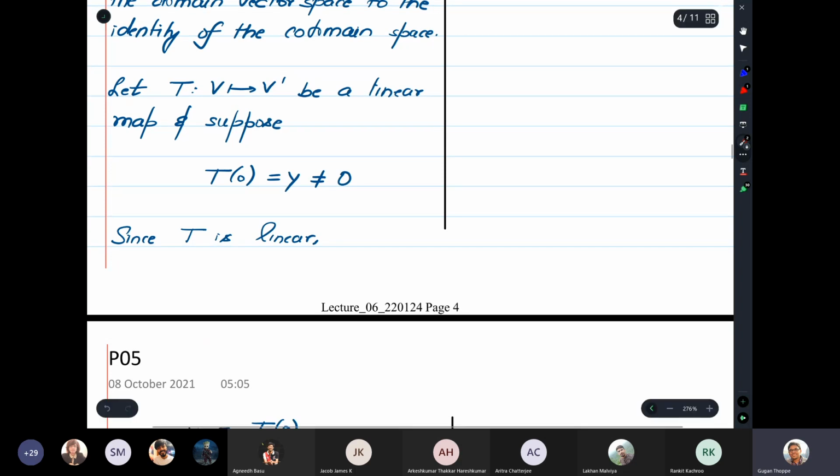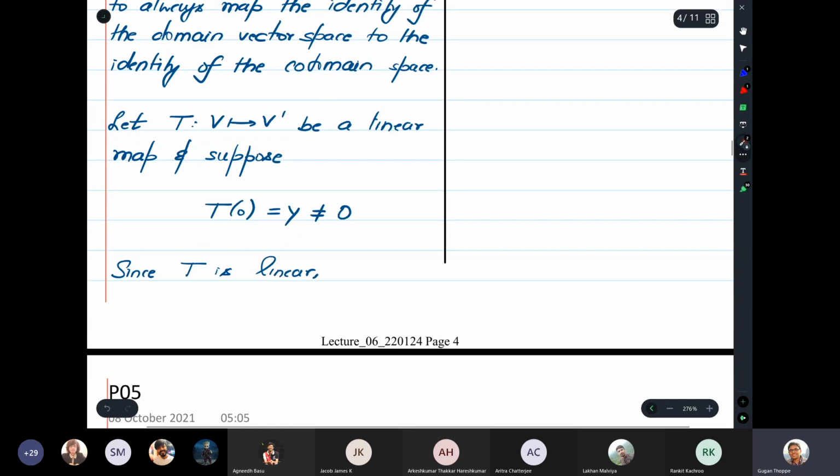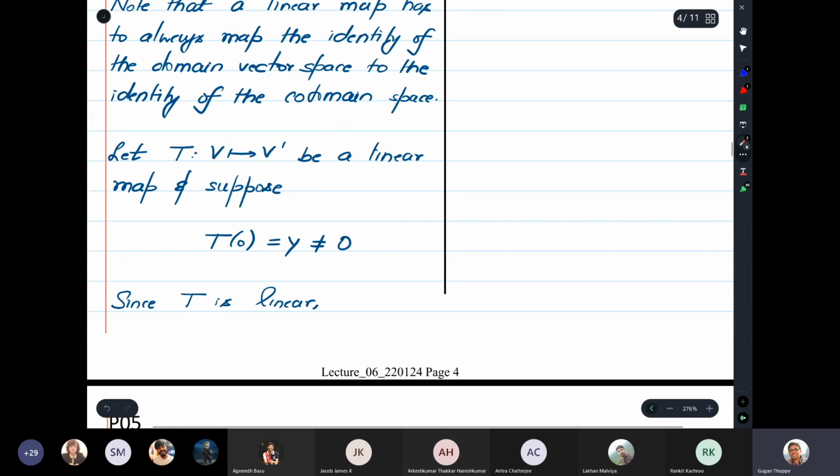Okay, so we will use proof by contradiction, and we will suppose that this claim is not true, which means that the additive identity of V is not mapped to the additive identity of V prime. So let's say T of 0 is Y, where Y is not equal to 0, right? Again, I would like to stress that although I use 0 over here, you should interpret it appropriately.